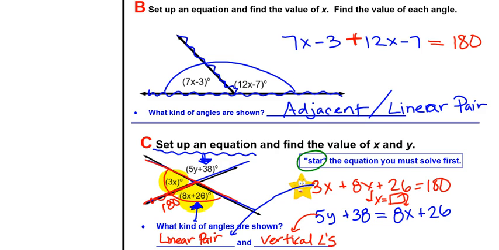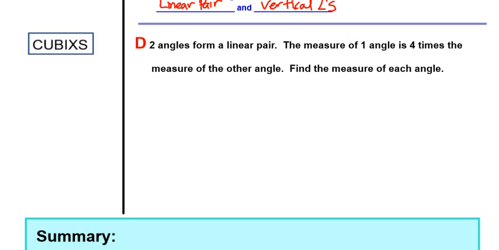Let me jump ahead here to the last question. The last question says that two angles form a linear pair. The measure of one angle is 4 times the measure of the other angle. Find the measure of each angle. So if we're going to use our cubes, we're going to circle our numbers. So we have two angles.